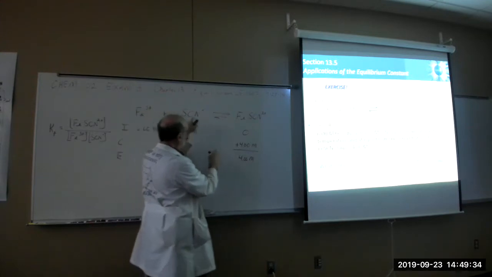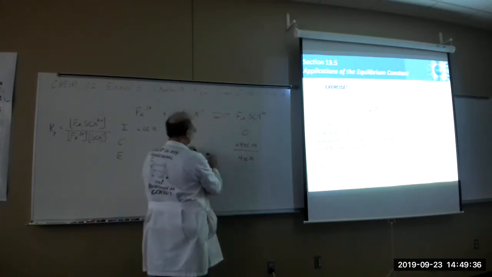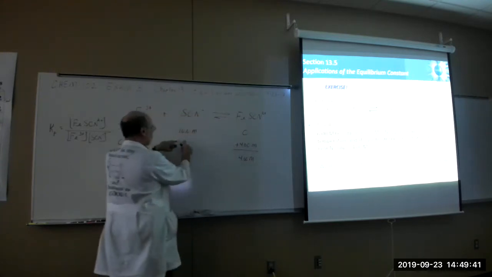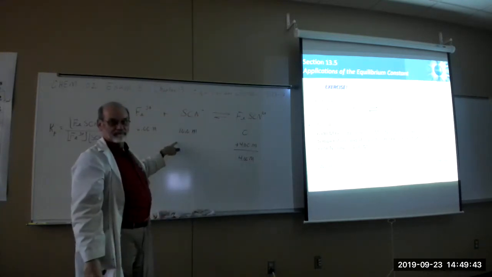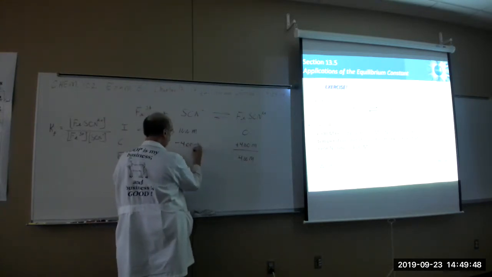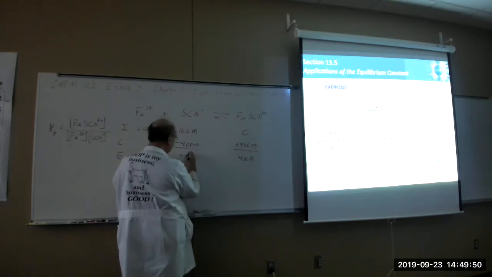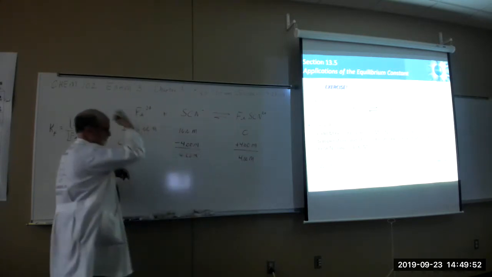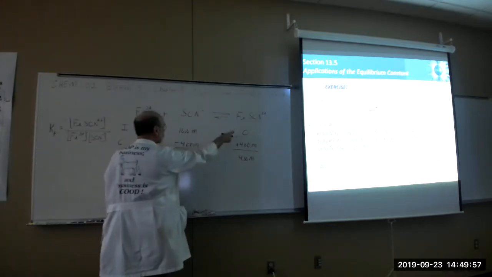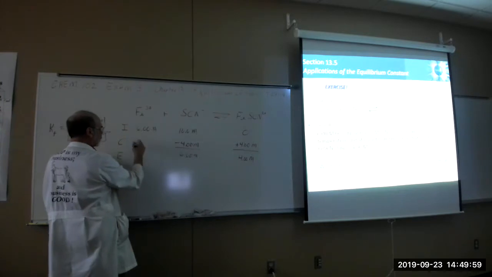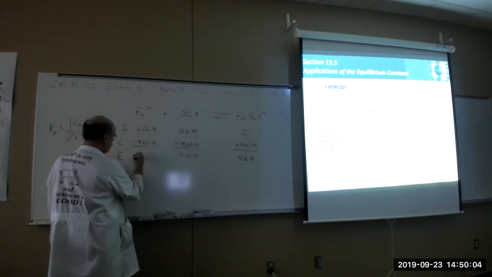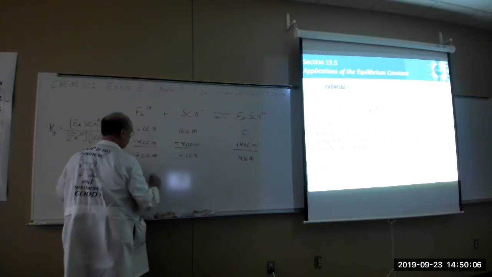Well, they're 1 to 1 to 1, so for every one of these that shows up over here, we lost one of those. So we actually lost 4 molar here, which means we're left with 6 molar. And for every one of those, we lost an equivalent amount of this one, so that leaves us with 2 molar here.